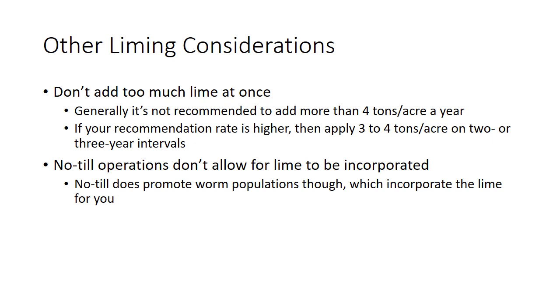In no-till operations, we generally have higher worm populations, and the worms will come up to the surface, they'll take a bite of crop residue, and if that residue has lime on it, the worm is going to pull that residue down below and incorporate it for us, or the worm is going to consume that lime and bring it down below as a worm casting. So worms are our friends in terms of incorporating lime for no-till operations.